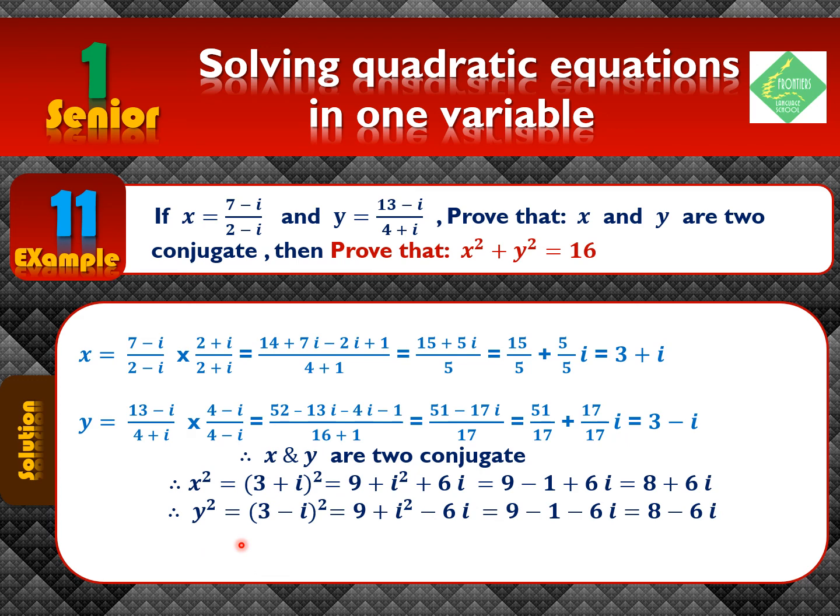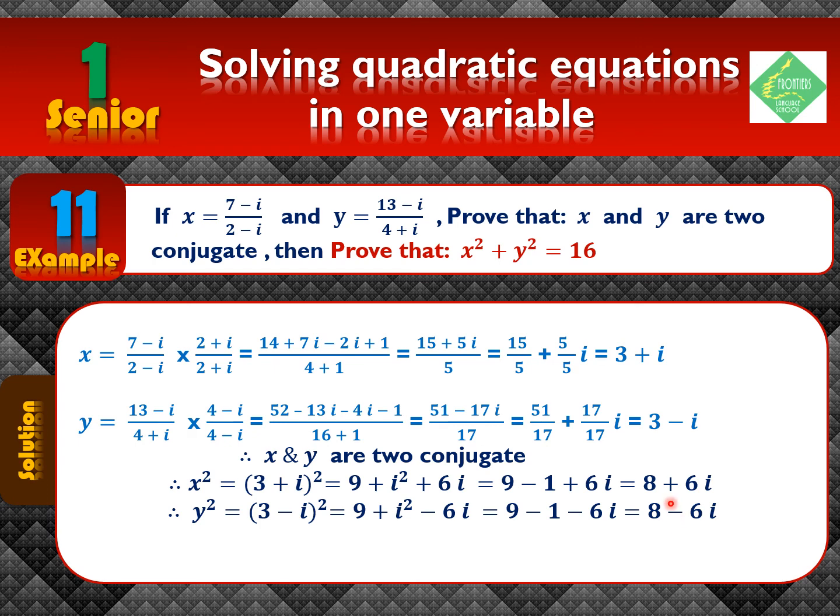What about y squared? 3 minus i to the power 2: 3 squared is 9, negative i to the power 2 is positive i squared, because the negative will vanish as the power is even. 3 multiplying negative i times 2 gives negative 6i. i squared I can replace by negative 1. 9 minus 1 gives 8, and negative 6i as it is.